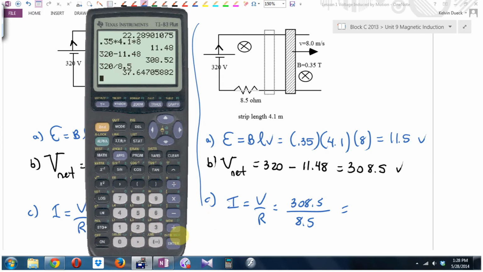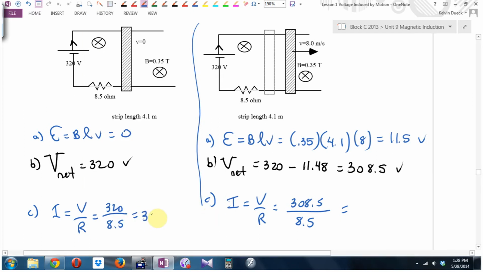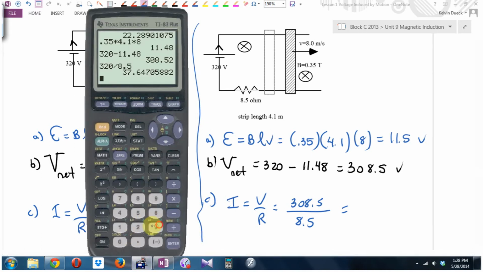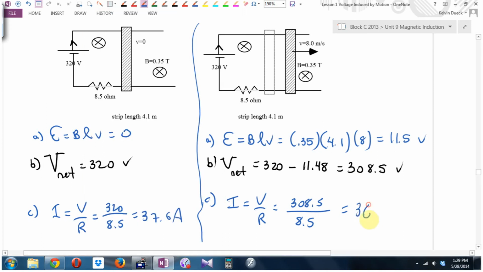You'd have 37.6 amps. And here you'd have 36.3 amps.